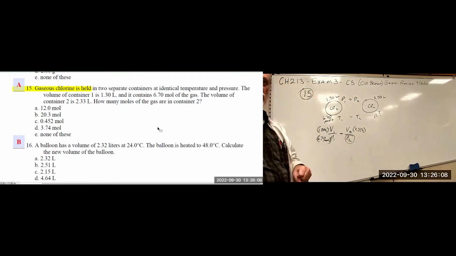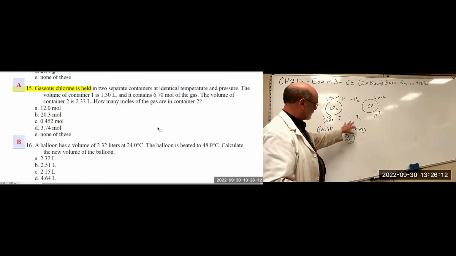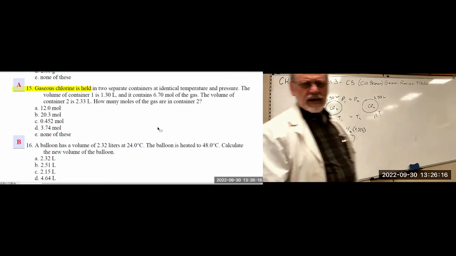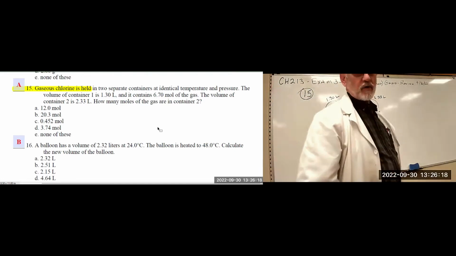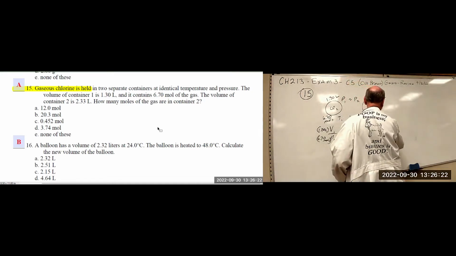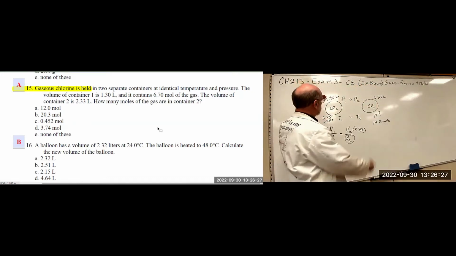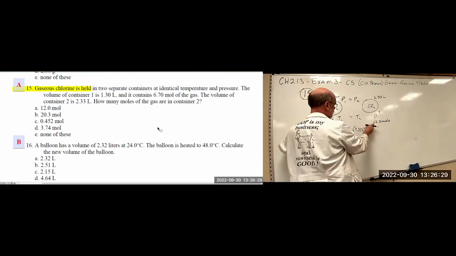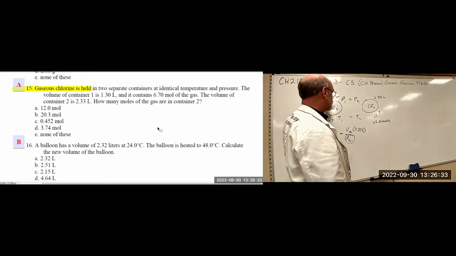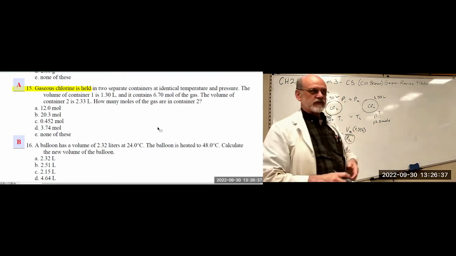So just solve for the unknown. And we should get 12 moles. Now, is that reasonable? The volume went up, the moles went up. By how much? Well, not quite twice as much. That's reasonable.